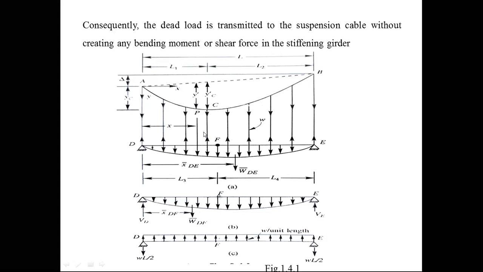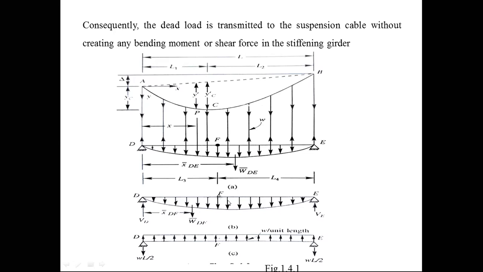I said that dead load is transferred to the suspension cable without causing any bending moment or shear force in the stiffening girder. What is the bending moment and shear force in the stiffening girder due to dead load?